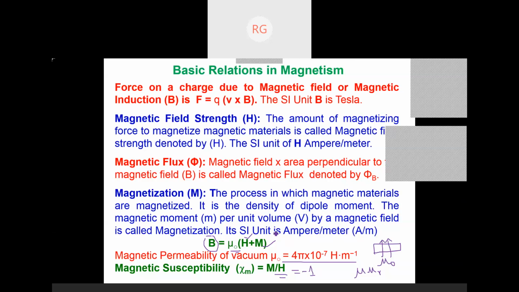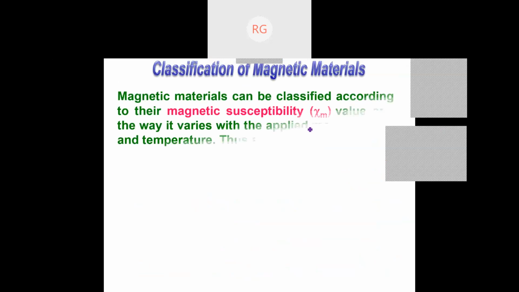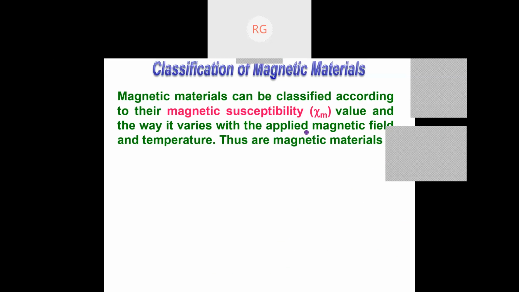Now we will see how the magnetic materials are classified into various types, and on what basis. The classification of magnetic materials is based on various methods.